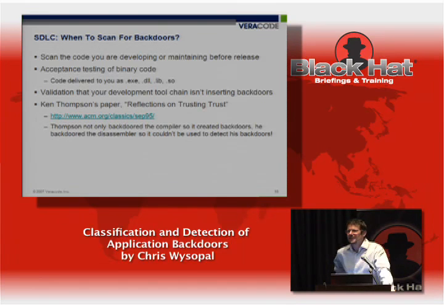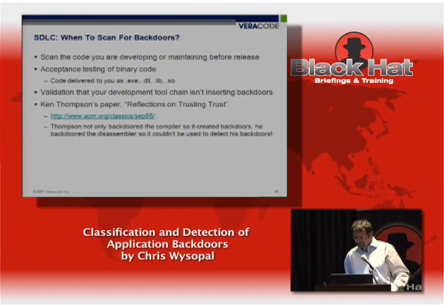And what Ken Thompson did was he put a backdoor in the login program so that he had his own special password that he could use to get into any Unix system. So obviously this is a huge gaping hole. But he also delivered it as source code. So he knew that his colleagues were going to discover this.